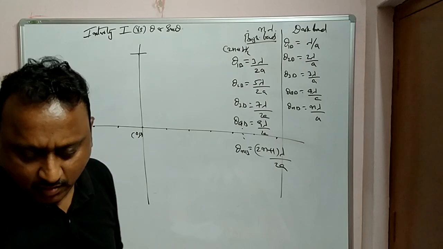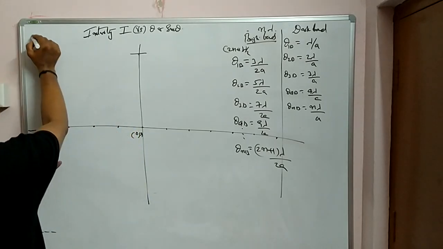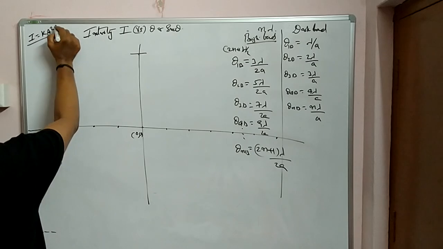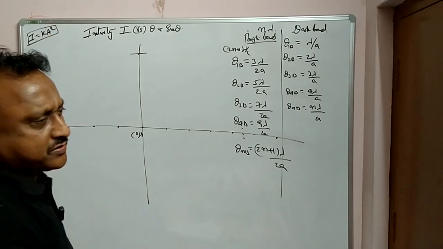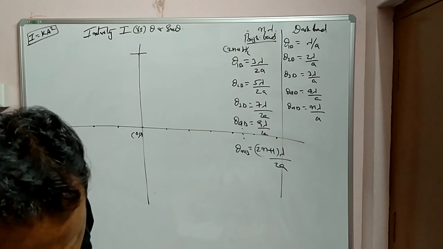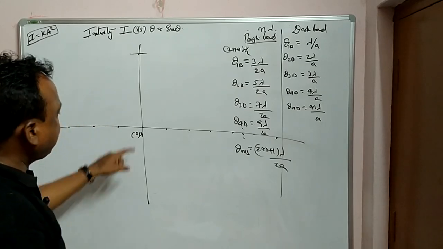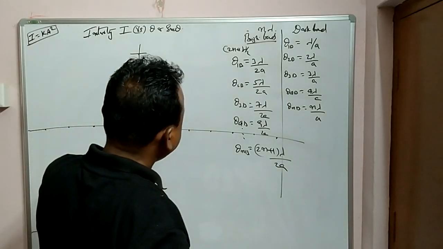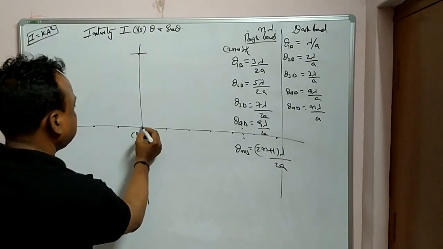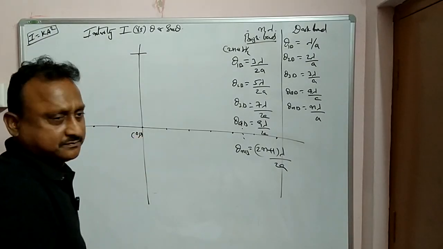We already got the intensity formula, we know that. Intensity I is equal to what? K into A square. Intensity is directly proportional to amplitude square. So where do we get the maximum intensity? Where is the maximum intensity, tell me? At the origin.